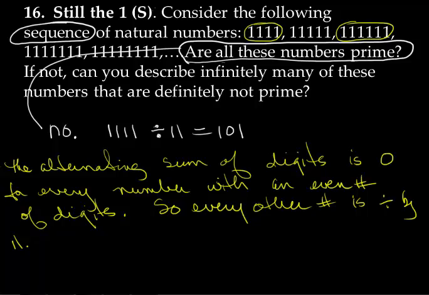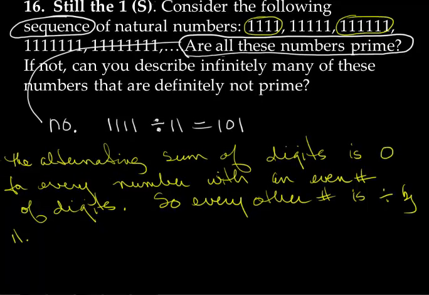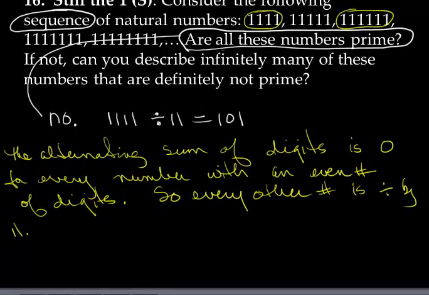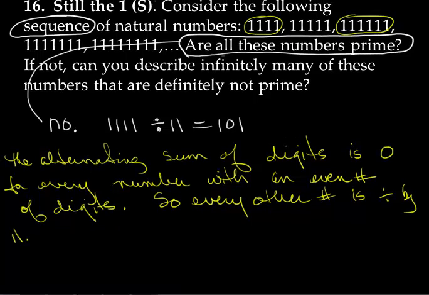But we could also look at this another way. I'll change colors here. Another way to see it is that this one that has 1, 2, 3, 4, 5, 6 ones, the sum of the digits is 6. If I put in 9 ones, the sum of the digits is 9.